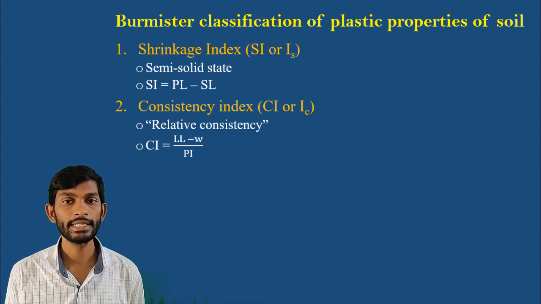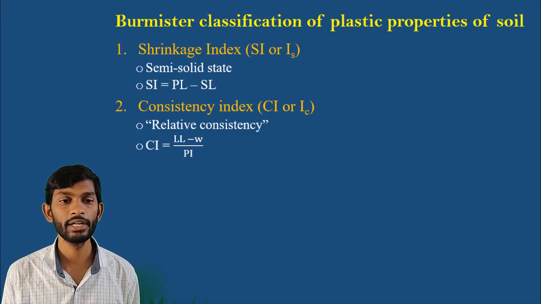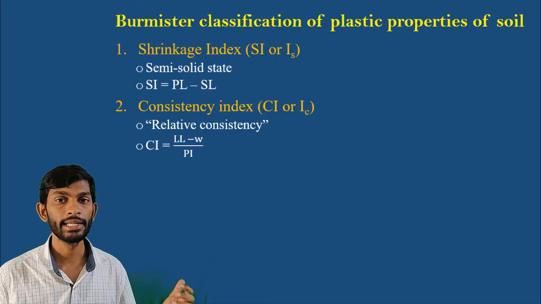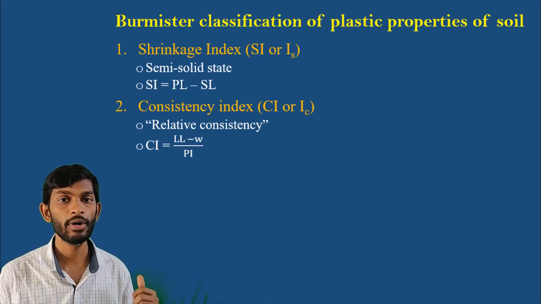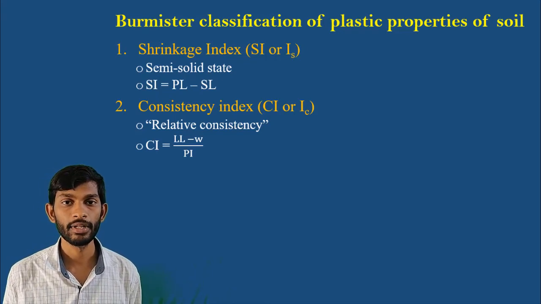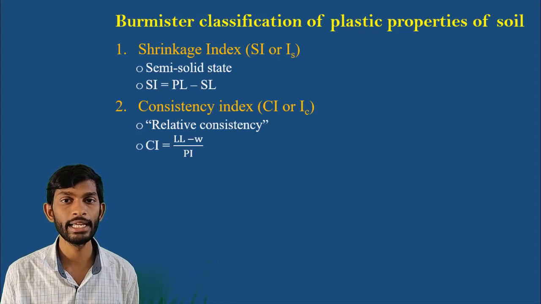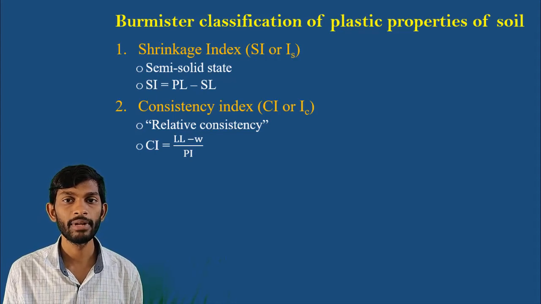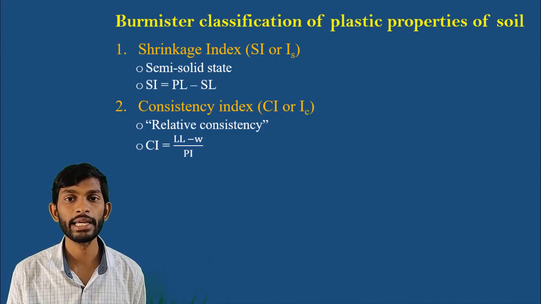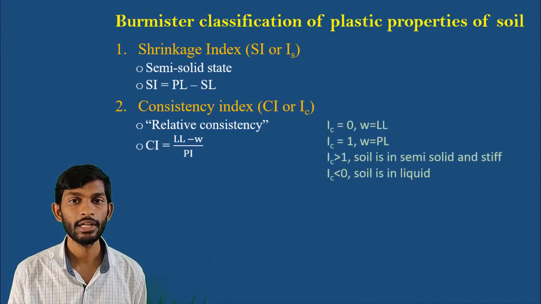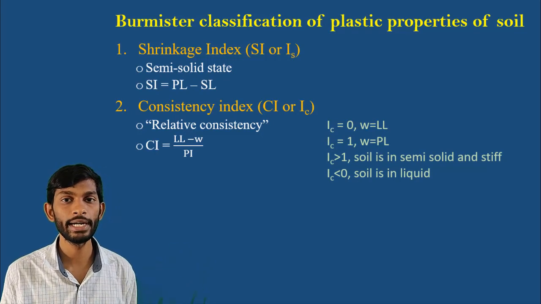The consistency index is the liquid limit minus water content upon plasticity index. So CI equals liquid limit minus water content upon plasticity index. PI represents plasticity index.